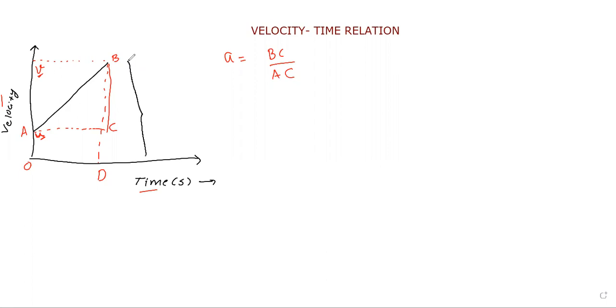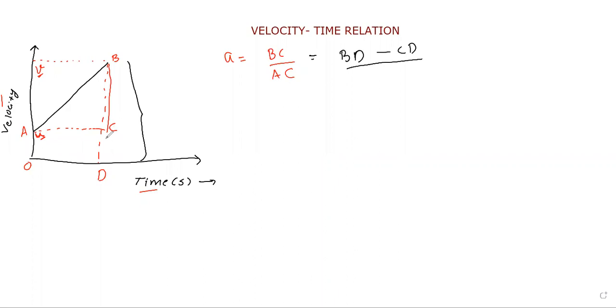And from this graph, how can we calculate BC? BC means the entire side BD minus CD. Clear? BC can be represented by BD minus CD, all divided by AC.